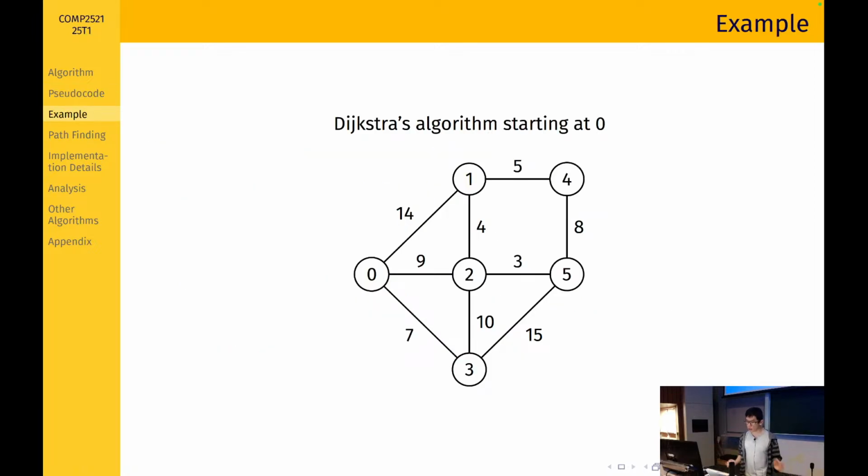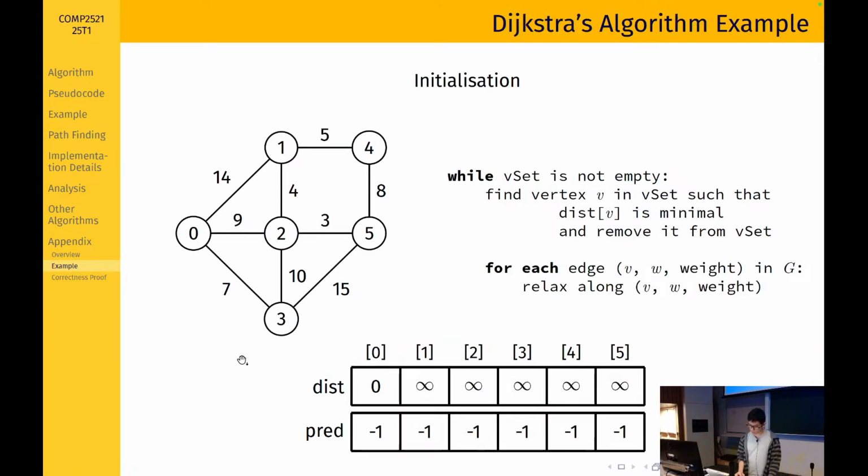Okay, so let us now go through this example. We're starting at vertex 0, and we're trying to find the shortest path to every other vertex in the graph. So we've got our distance array, initialized to infinity, except for our starting vertex, which is going to be 0.